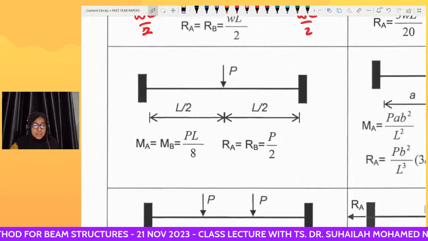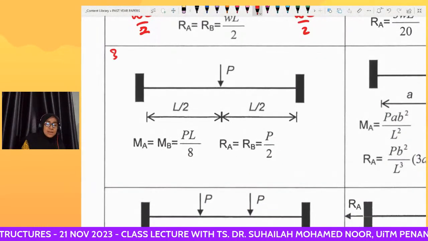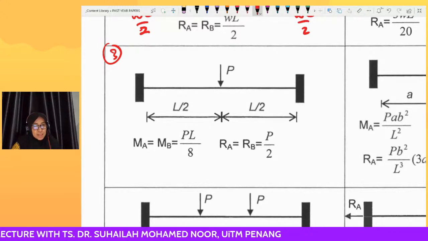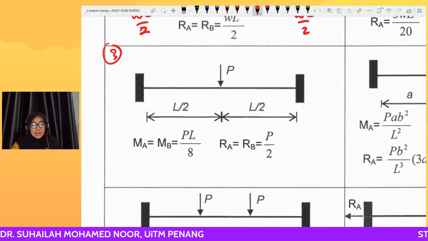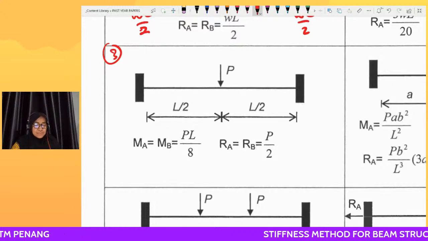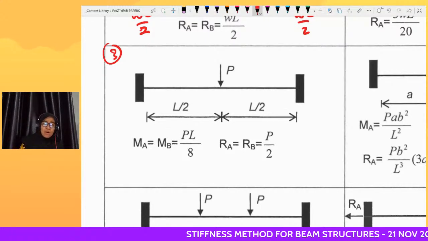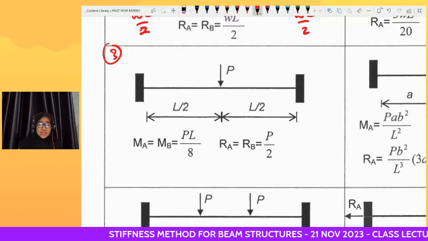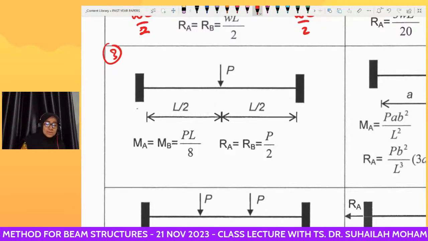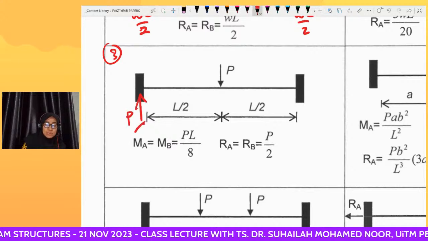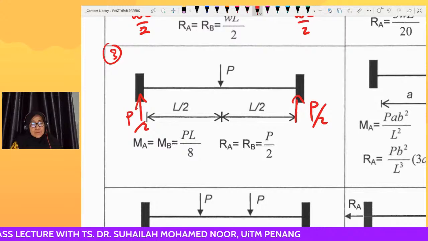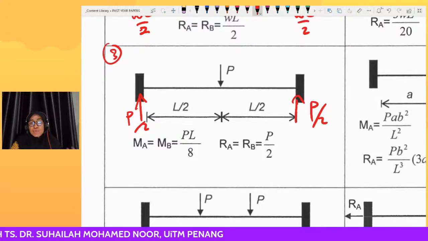Type number 3 is the point load, subjected at the center. Again, when it is subjected at the center, the reactions are equal. For the vertical reaction, the system must be in equilibrium, so this is P over 2 and P over 2.